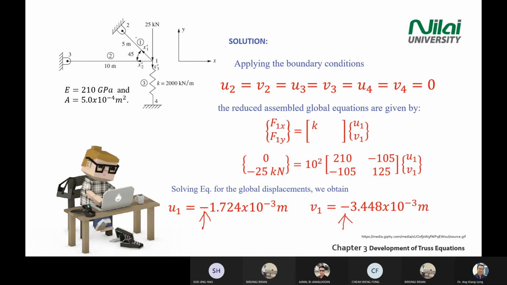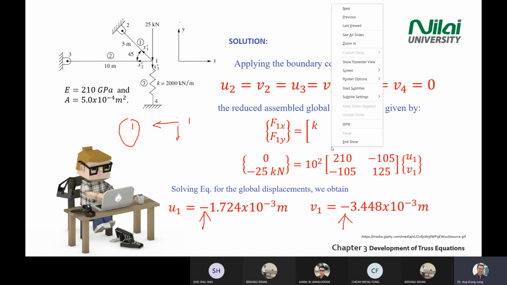U1 negative means it moved in this direction. This is when you refer to element 1, referring to the X and Y direction.